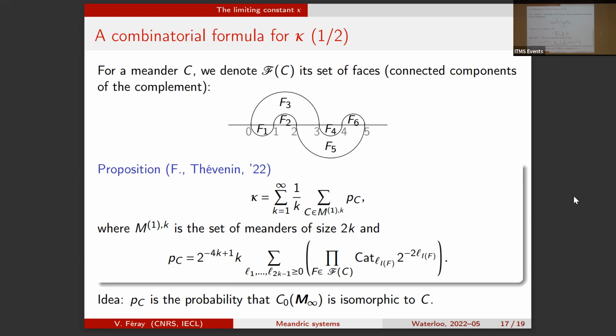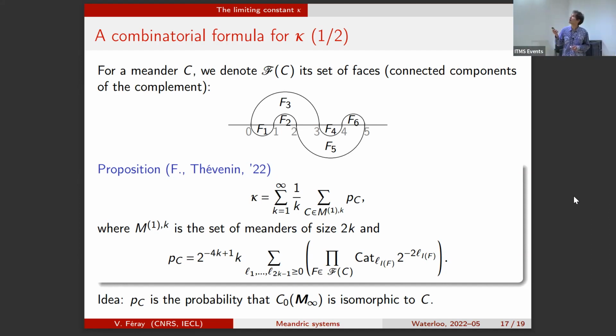So kappa is a large sum over meanders. Here K is the size of the meander. Here, that's a notation for meanders for us. So 1 means that there is one connected component. And of some quantity, which will be a large sum like this of Catalan numbers. And the Catalan numbers come from the fact that you have non-crossing matchings that you put inside faces.